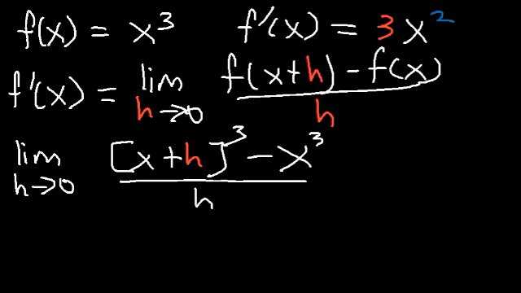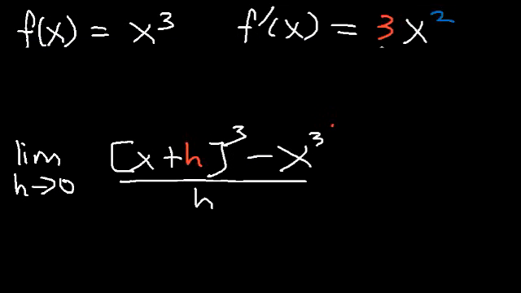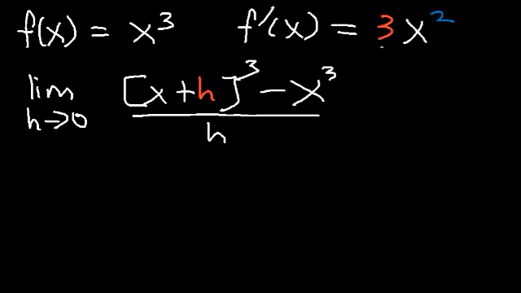So should we FOIL it 3 times, or is there another way in which we can simplify this expression? It turns out that we could factor the expression. You can factor it using the difference of cubes equation.